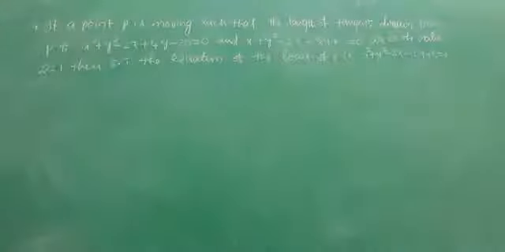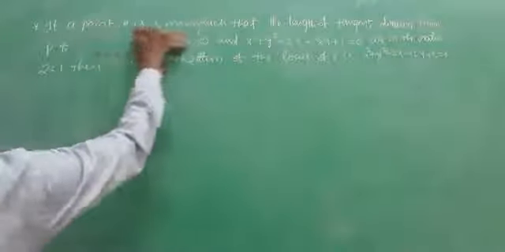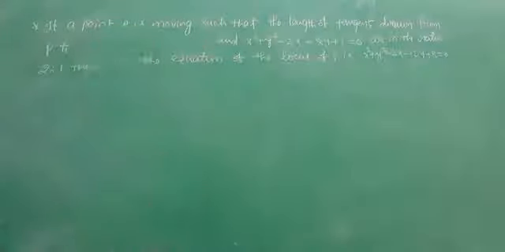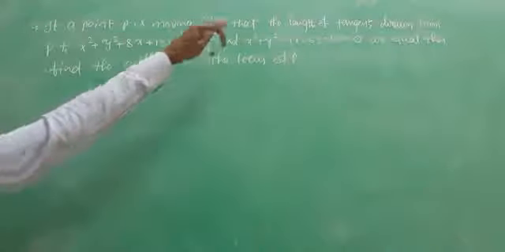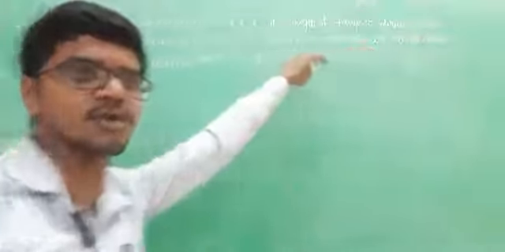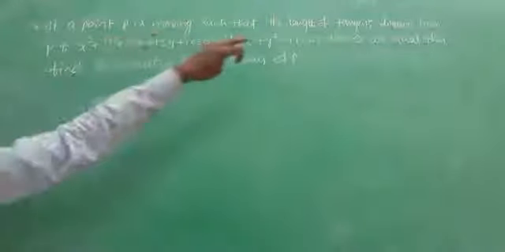See students, if a point P is moving such that the lengths of the tangents drawn from P to the circles x square plus y square plus... Okay, see students, in this question, the point P is moving such that the lengths of the tangents drawn from P to the circles are in equal ratio.